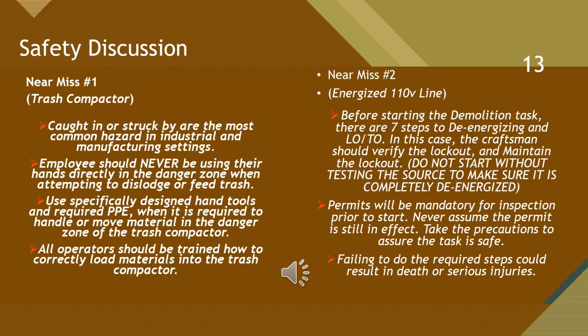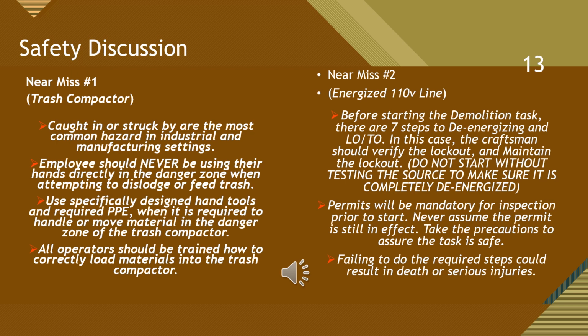Employees should never be using their hands directly in the danger zone when attempting to dislodge or feed trash. Use specifically designed hand tools and required PPE when it is necessary to handle or move material in the danger zone of the trash compactor.